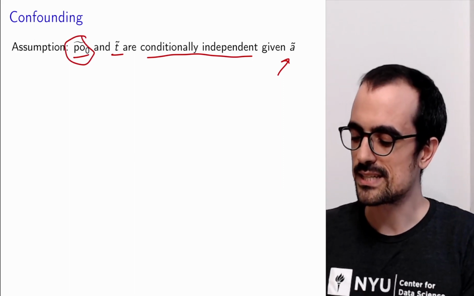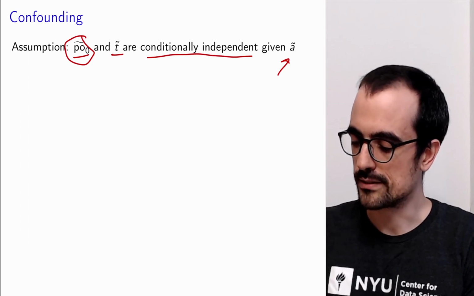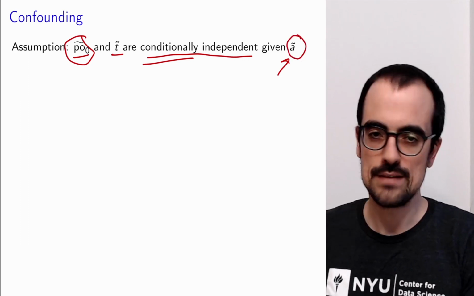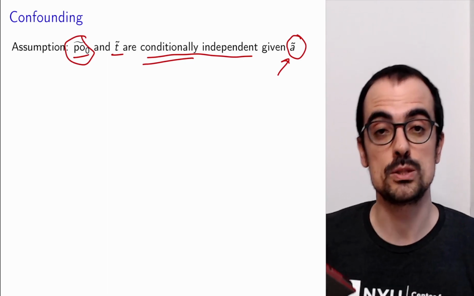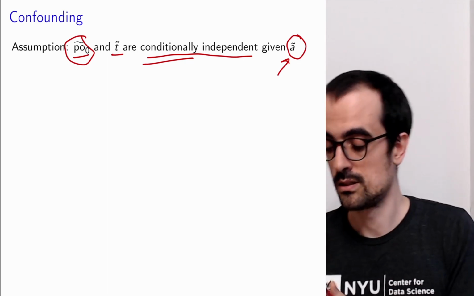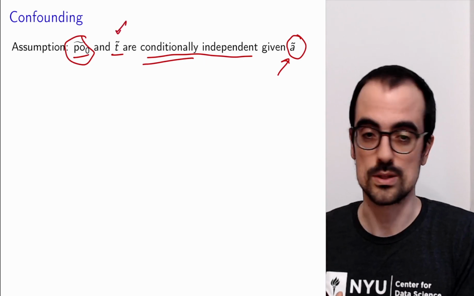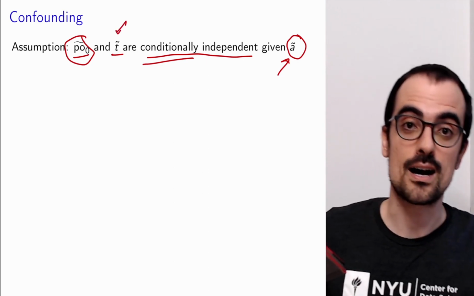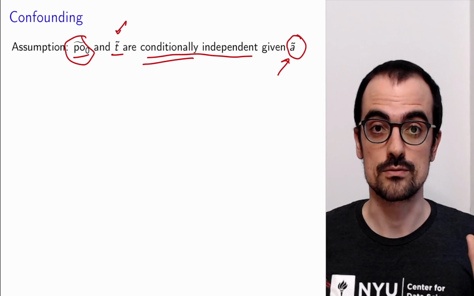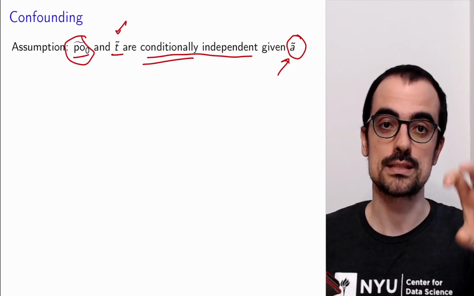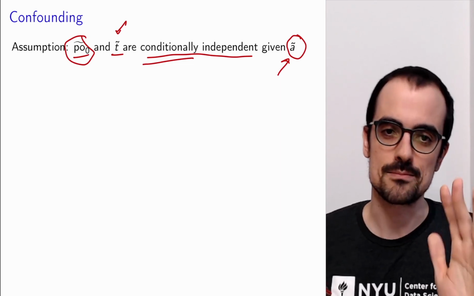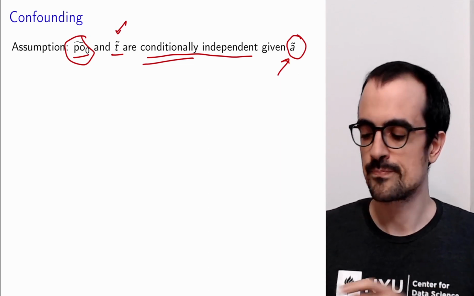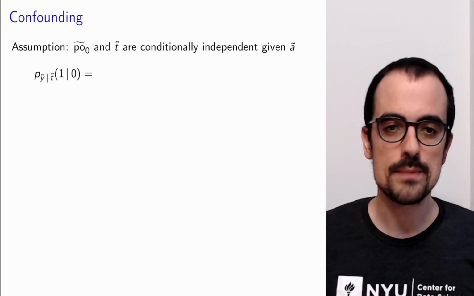So basically this is saying that conditionally given age, if you just look, for example, at the young people, there's not a systematic difference between the young people that are treated and the young people that are not treated. Same with the old people. If you take the old people that are treated and the old people that are not treated, then there's no other factors that make them systematically different. So that's the assumption that we're going to make.